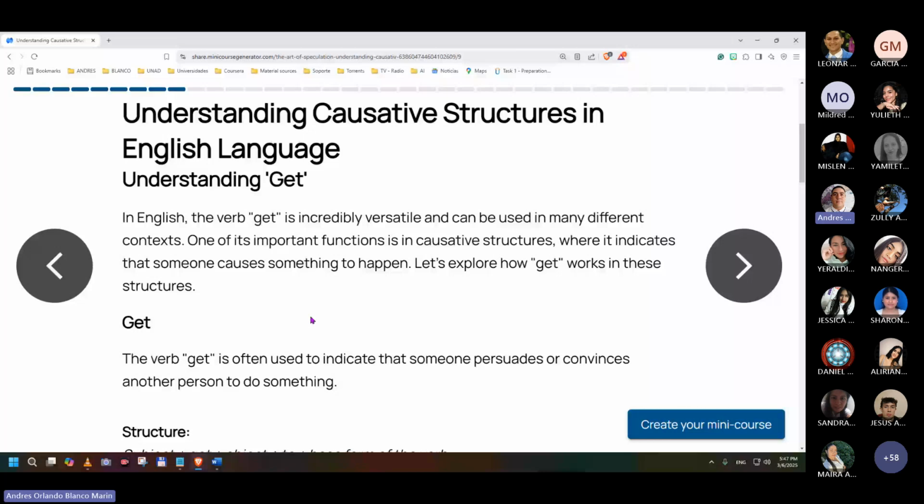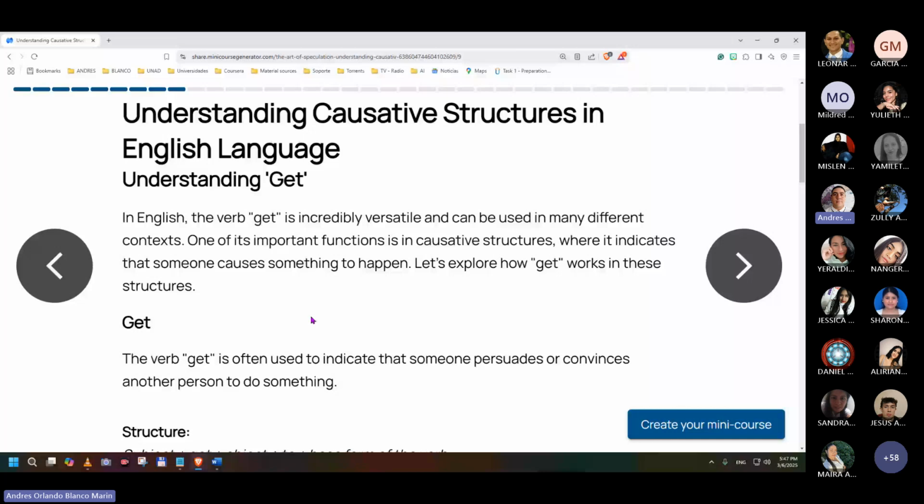What is the difference with make and have? We use get to persuade someone, to convince someone to do something for us. So you use get to persuade or convince another person to do something.